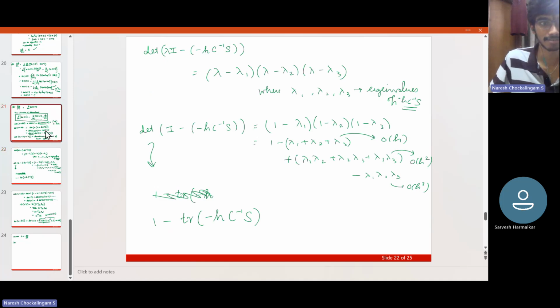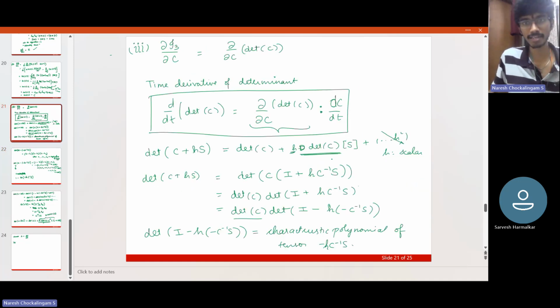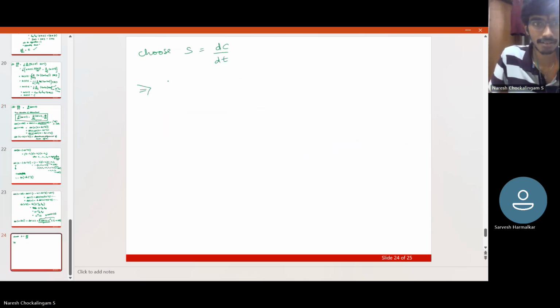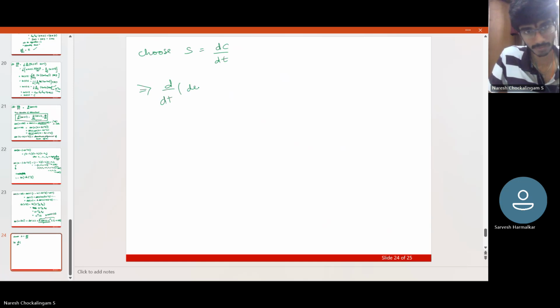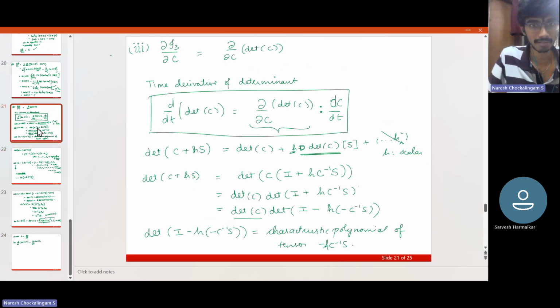If we choose S as dC by dt, then we get d by dt of determinant of C equal to dou by dou C of determinant of C, double dot with dC by dt, and this is just S.